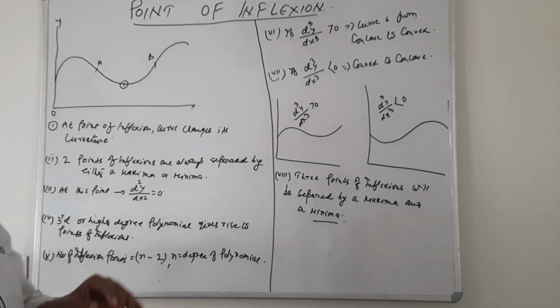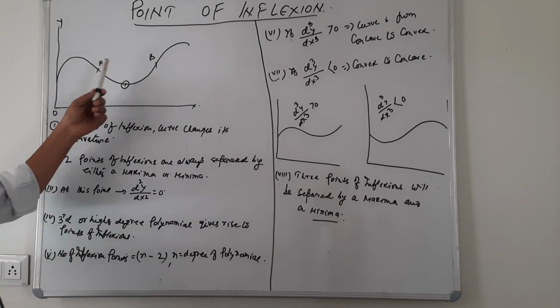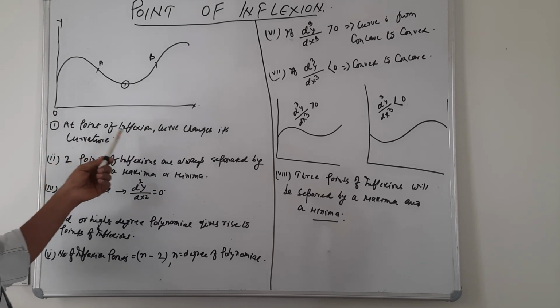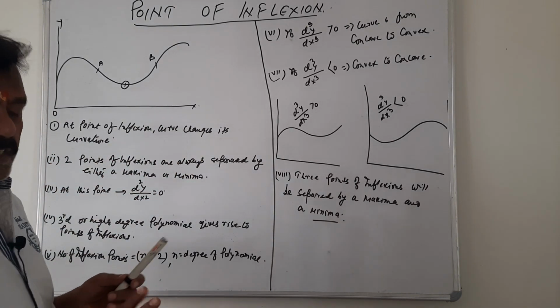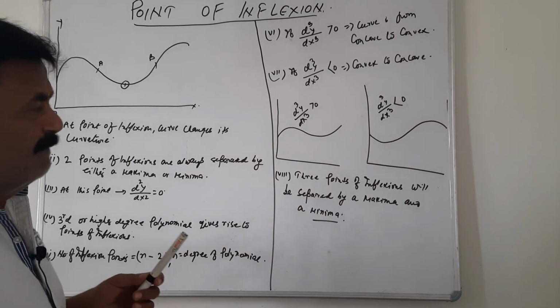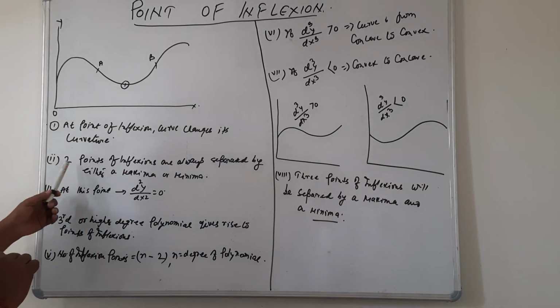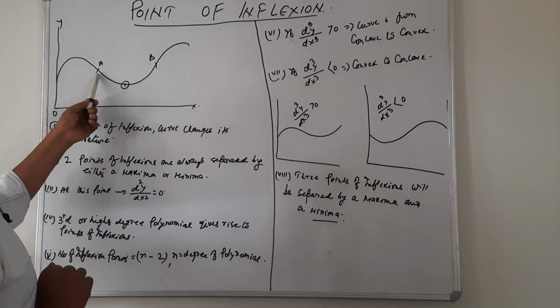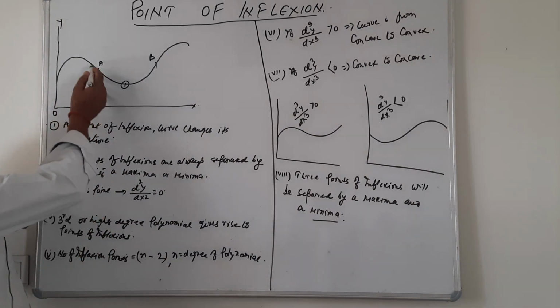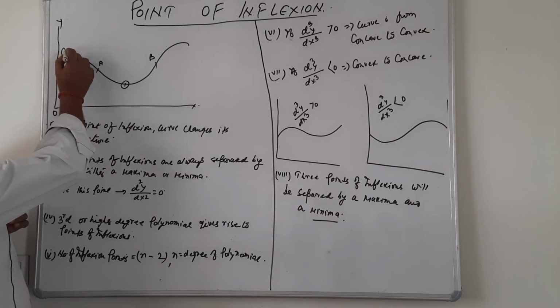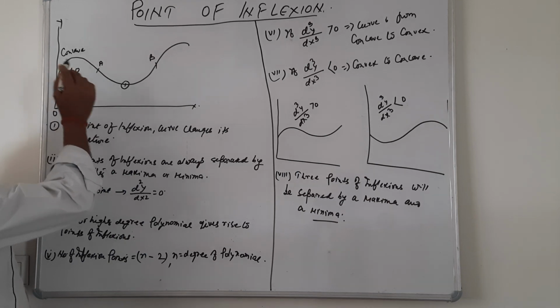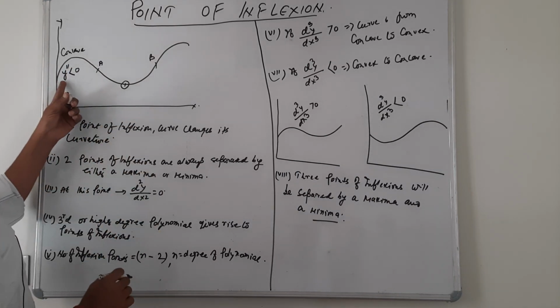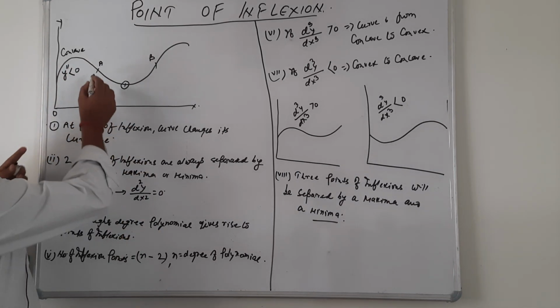So the first thing to know about the point of inflection is that at the point of inflection, the curve changes its curvature, from convex to concave or from concave to convex. This point A: prior to A, this curve was concave, and every concave curve has its second derivative negative.